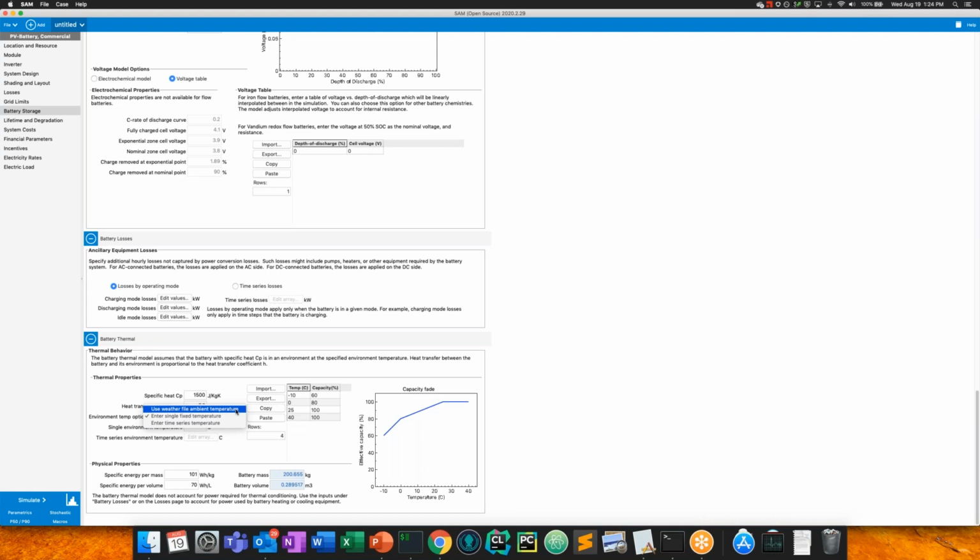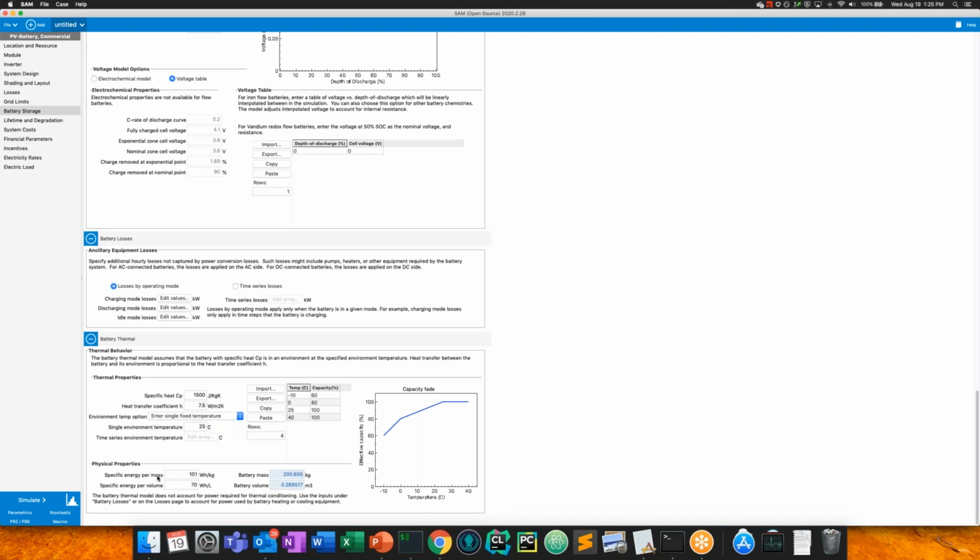And this is a battery that's outdoors and exposed to the ambient temperature. Or you can enter a time series temperature, which you may get as an output from a building energy simulation where the building maintains the room temperature of the battery within some set points.